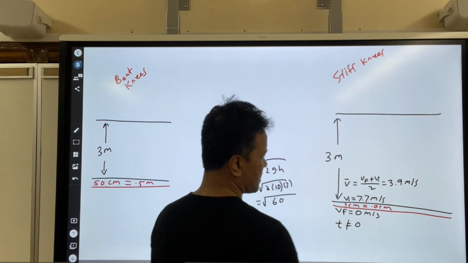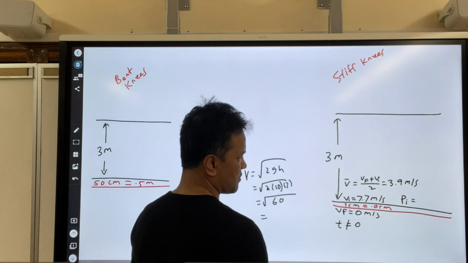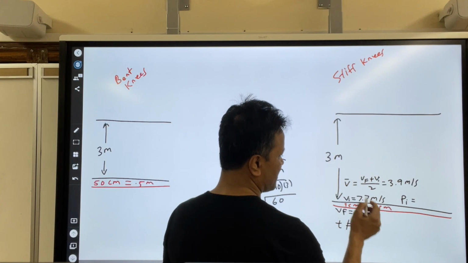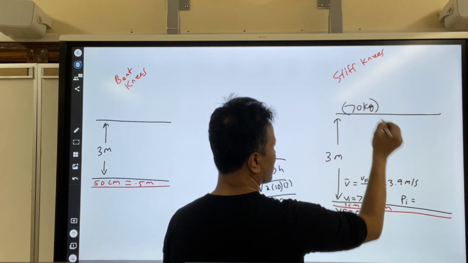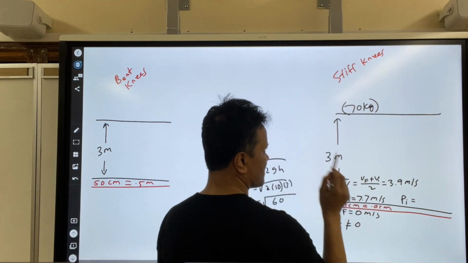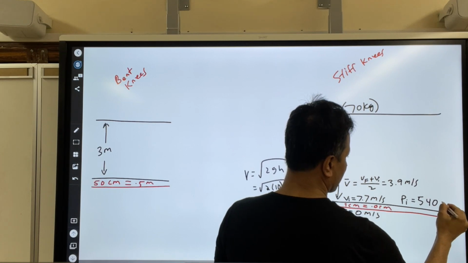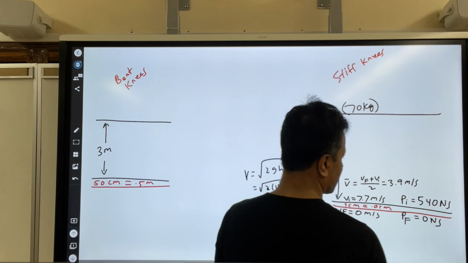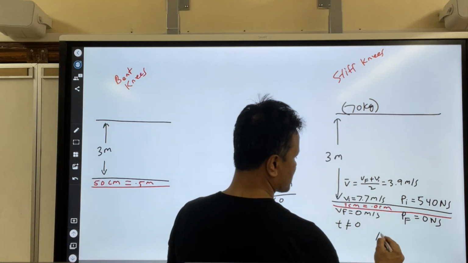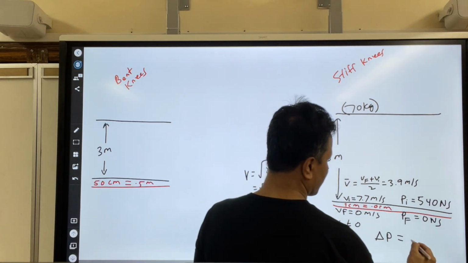Let's find the momentum initial. 7.7 times, mass is 70 kilogram. 7.7 times 70, 540 newton second. P final would be 0 newton second. So what is impulse? Impulse is negative 540.